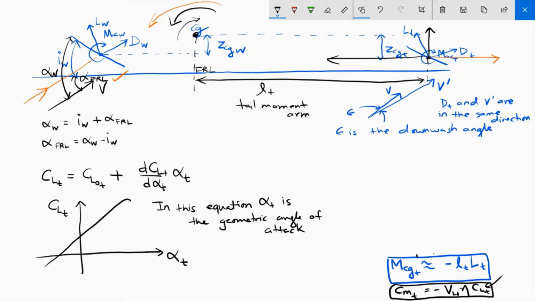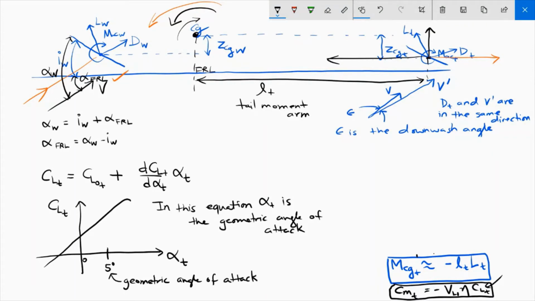So what is absolute angle of attack? Absolute angle of attack is the angle of attack measured relative to the zero lift angle of attack. So let's say we have an angle here. This is say 5 degrees. Okay. So that 5 degrees I have written there is the geometric angle of attack because this is being measured from 0, right? This is 5 relative to the origin. Okay. So this is the geometric angle of attack.